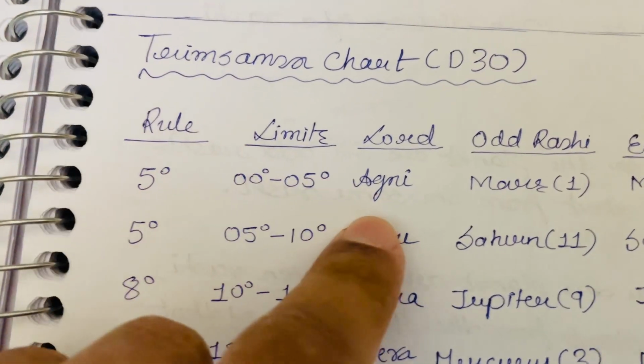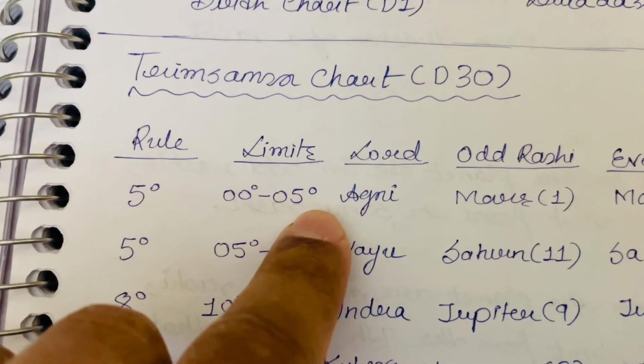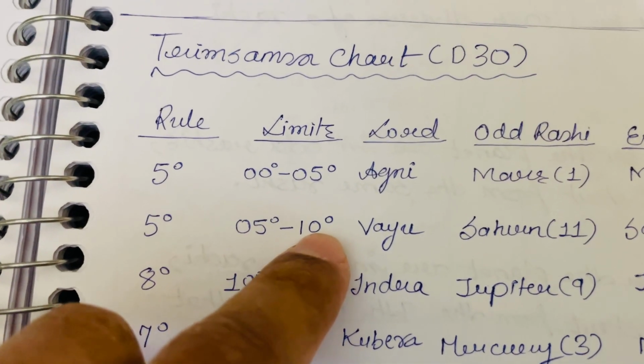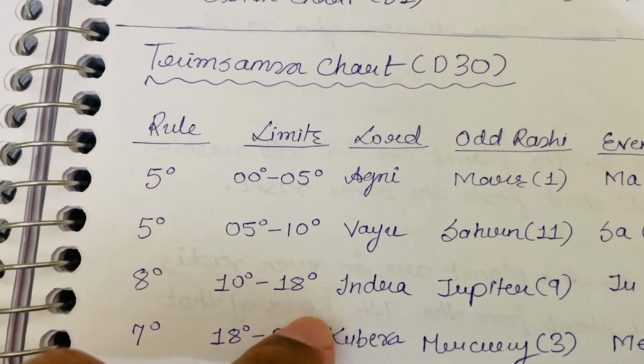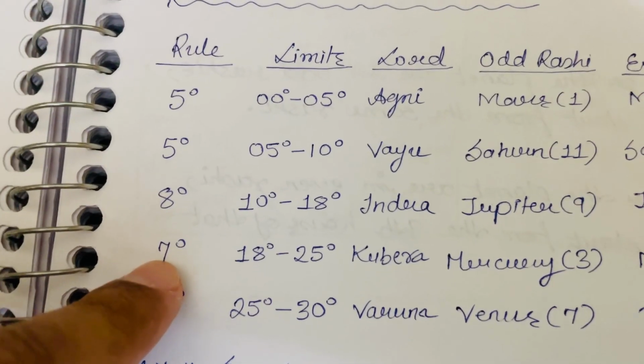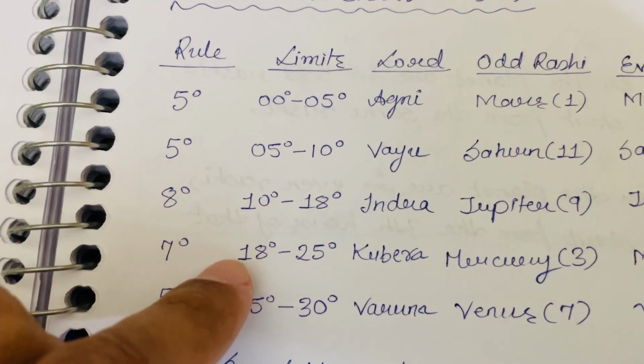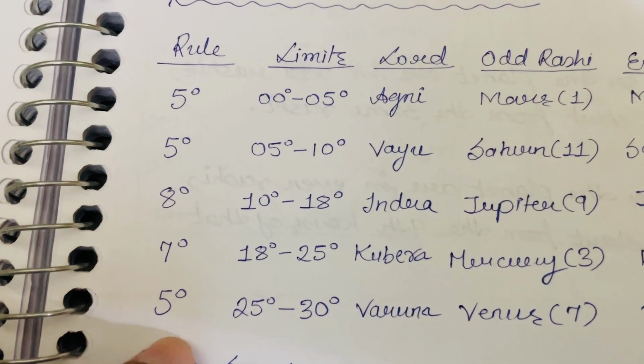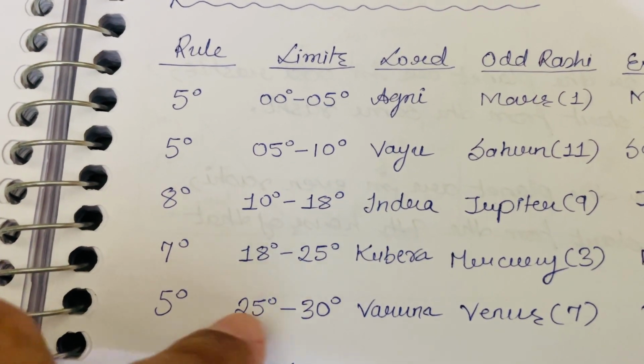Then add 5 to this 5, you get 5 degrees to 10 degrees. Then add 8 degrees to this 10 degrees, you get 10 degrees to 18 degrees. Add 7 degrees to 18 degrees, you get 18 degrees to 25 degrees. And last, add 5 degrees to 25 degrees, you get 25 to 30.